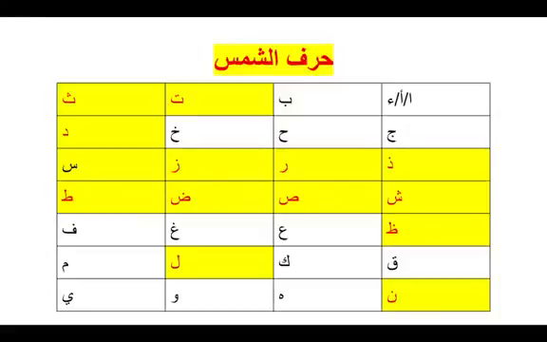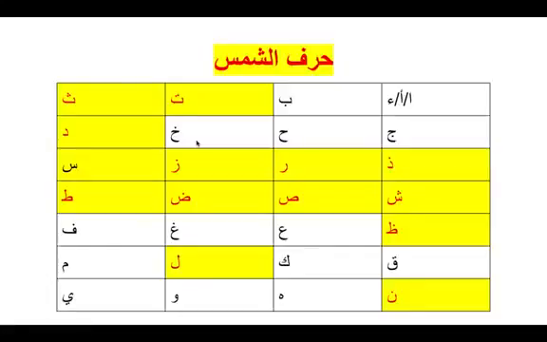For example, ta, tha, dal, dal, ra, zay, sin, sheen, sad, dad, ta, za, lam, noon. If you see, all the letters are pronounced by bringing the tip of your tongue to the front of your teeth, just in that area.